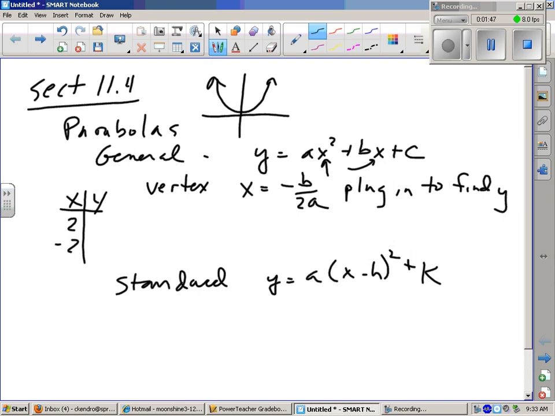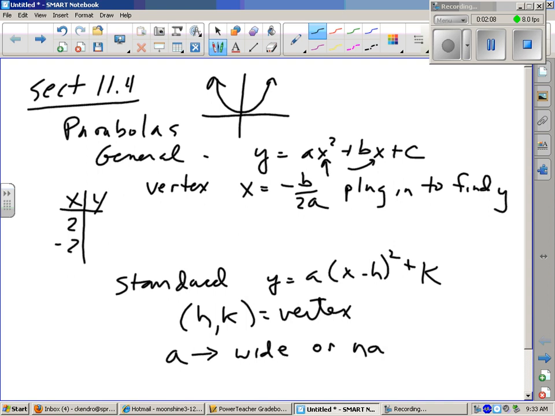In standard form, the (h, k) is the vertex. So it's pretty much right out there. And the a in the front basically says if it's going to be a wide or narrow parabola. Actually, the smaller the number, the wider the parabola, so the larger the number, the more narrow the parabola.